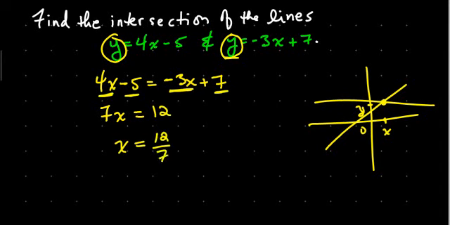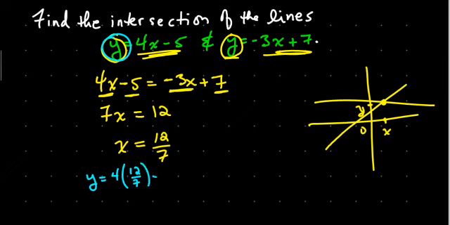Now I can plug that x coordinate into either one of these linear functions and it will give me the y value. We'll plug it into both just to show that it doesn't matter which one you plug it into. So let's plug it into this one. y equals 4 times 12 sevenths minus 5. Let's just work it out.